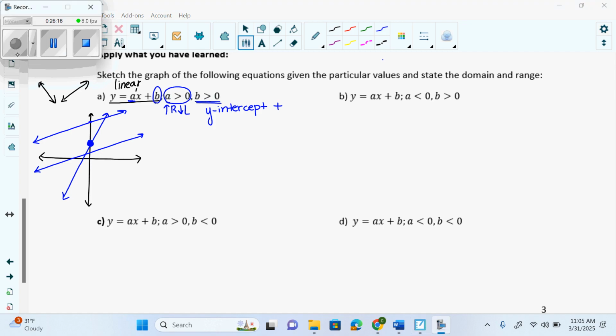Go. All right. ax plus b. If a is less than 0, that means it is down on right, up on left, and this means positive y-intercept. All right.